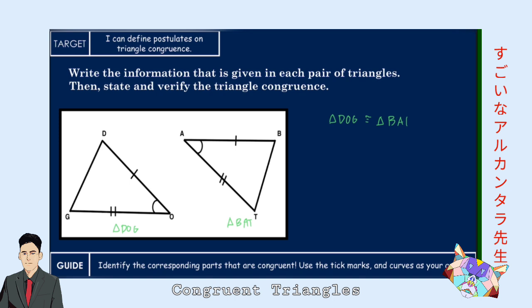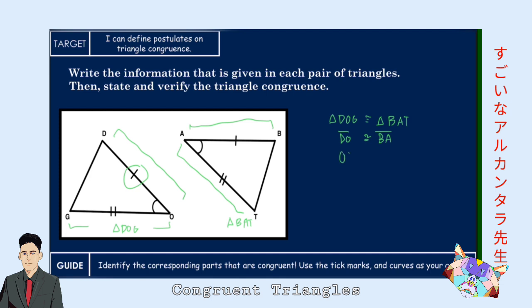Anyway, you have here first detail that we have DO because of the one tick mark. So the DO should be congruent to the BA. Next, we have DOG and the AT.